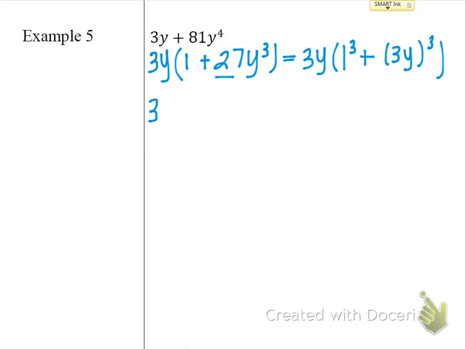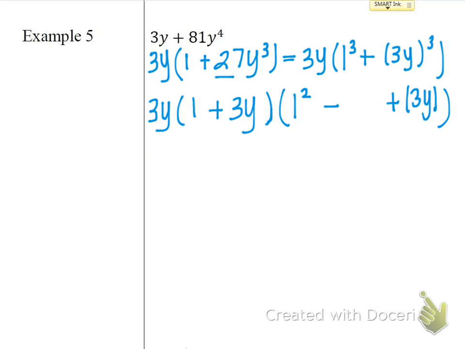I'm going to bring my 3y GCF down and then set up my big and small parentheses. Same, opposite, always positive. The first blanks are always just the bases. Nothing is done to them. Then I move on to the first and last, so this is 1 squared and (3y) squared.